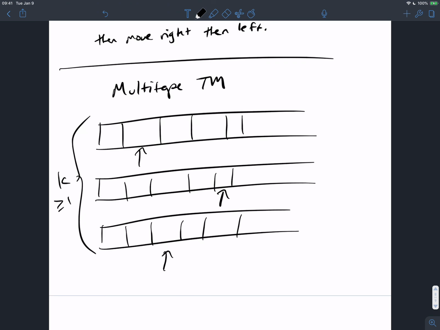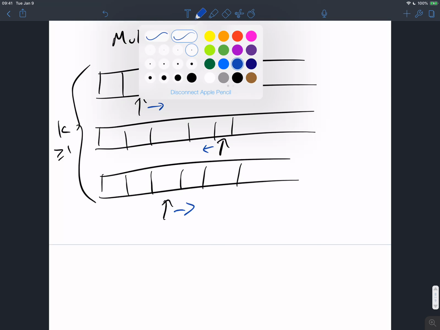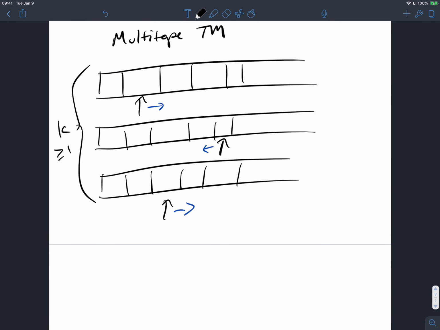So maybe, for instance, this transition, the first tape head will move right, the second one will move left, and maybe the third one moves right. Okay, so I have independent control here.